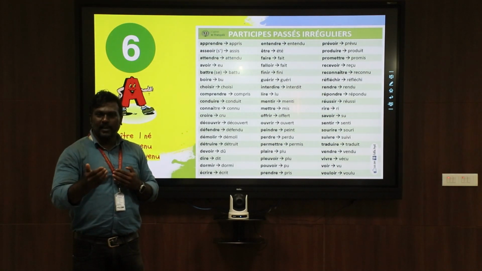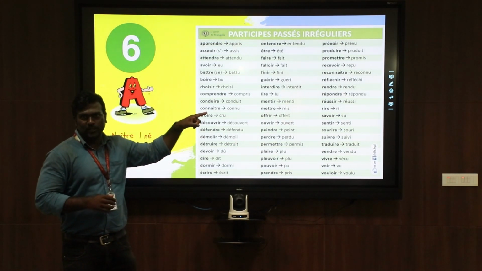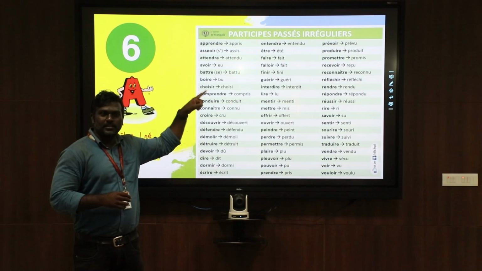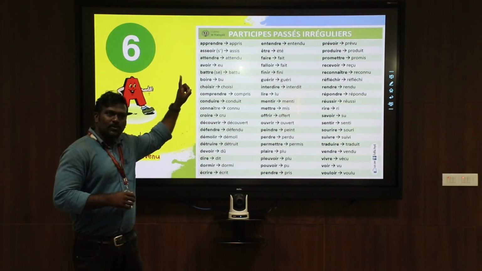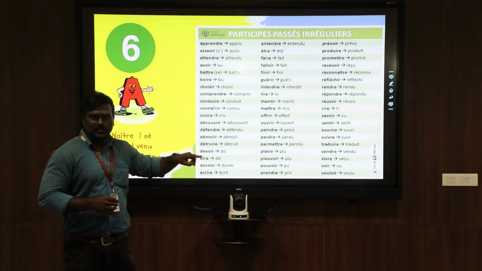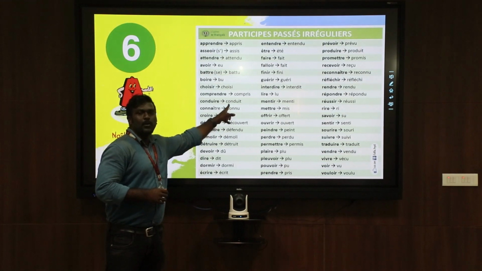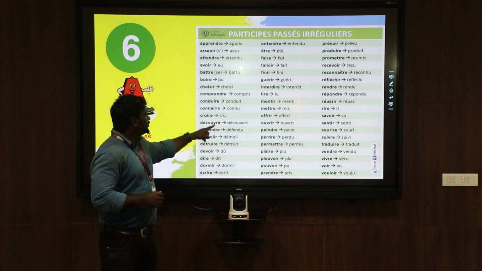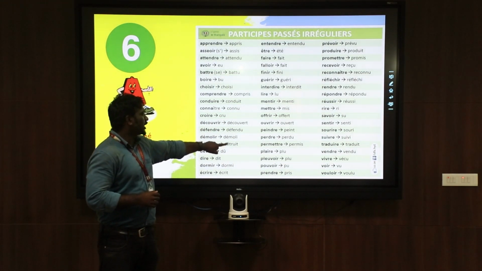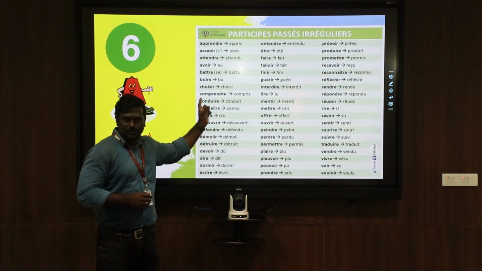My advice is to check the irregular past participles first. Check whether the verb is in this list. If the verb is in this list, this is the normal infinitive form of the verb, and this is the past participle of the verb. You can directly use it.